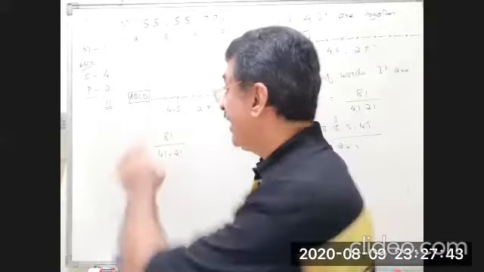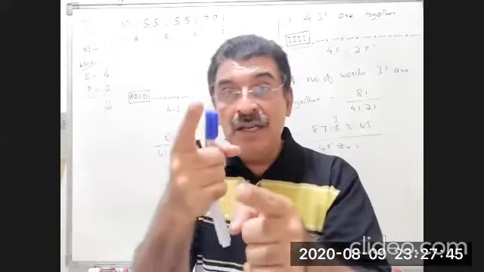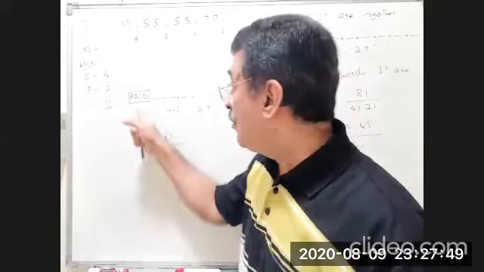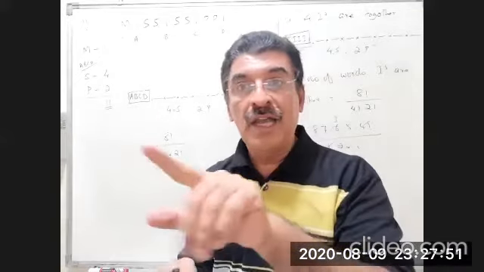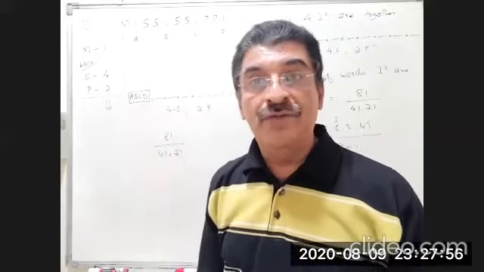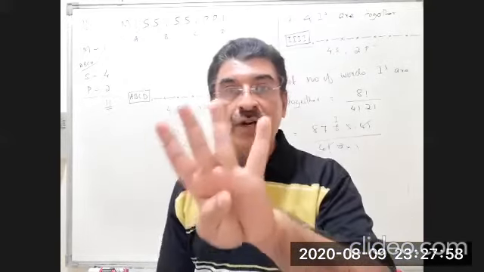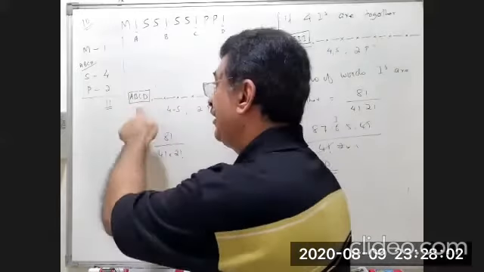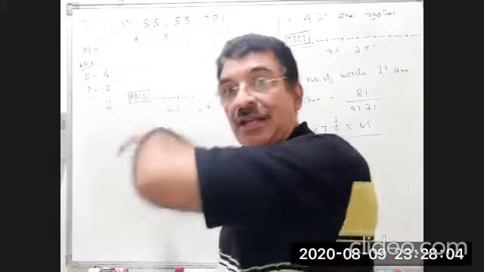But that ABCD can be reshuffled among themselves within the box. Inside the box, this ABCD can be reshuffled how many ways? 4 factorial ways. Why 4 factorial? 4 letters are there: ABCD, ACDB, ADBC, ADCB.